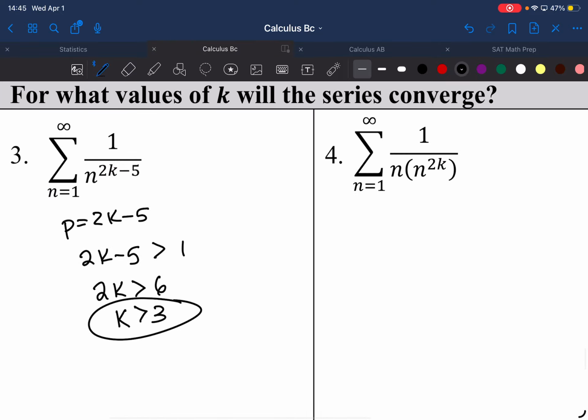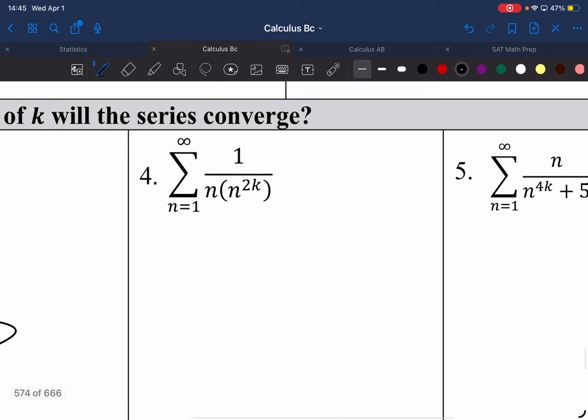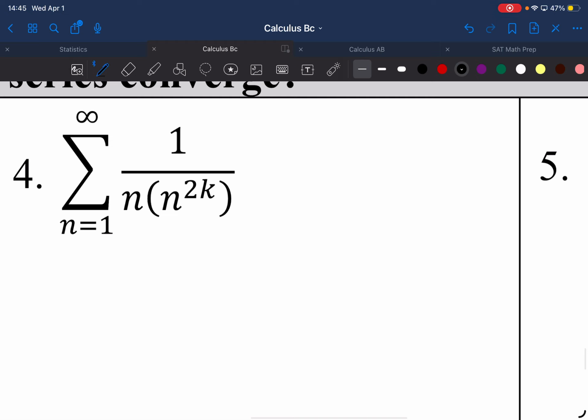Okay, so number 4, we have the summation of 1 over n times n to the power of 2k. So before we can solve for k here, we need to simplify this. So what's another way I can write n times n to the 2k? Good.